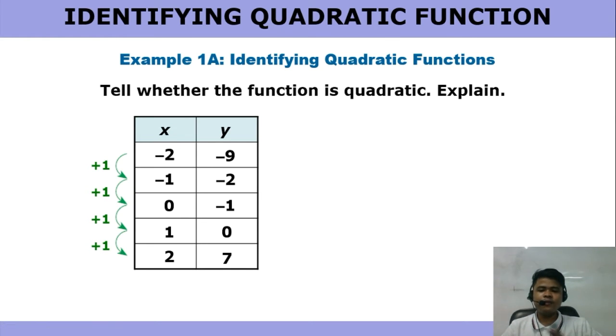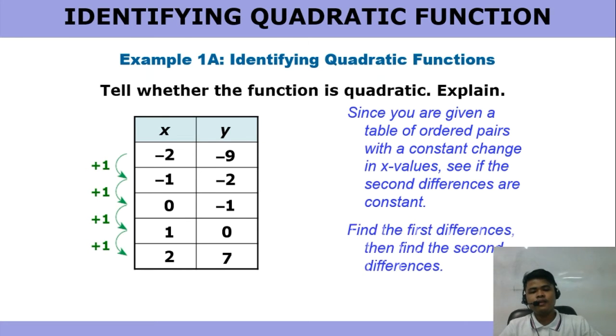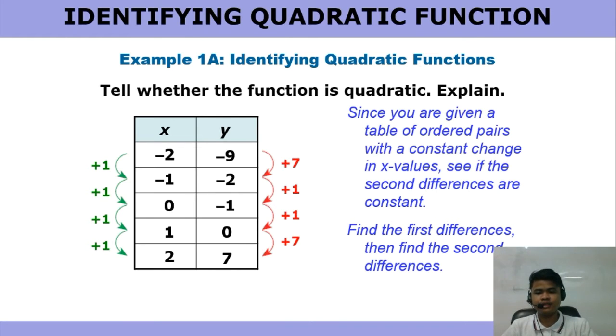Then after checking for constant differences in x values, proceed to the y values and look at the first and second differences. Since you're given a table of ordered pairs with a constant change in x values, see if the second differences in y values are constant. Find the first differences, then find the second differences of y values.